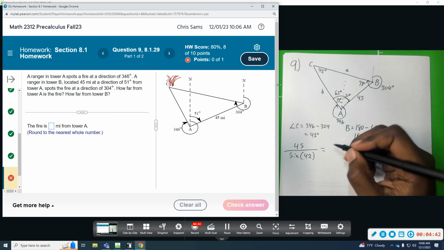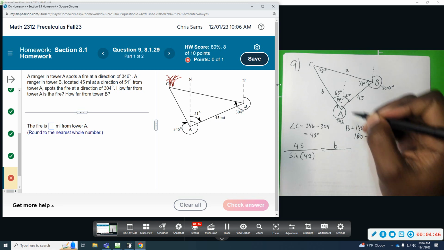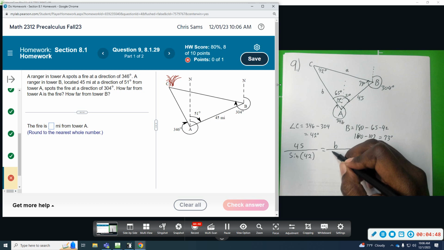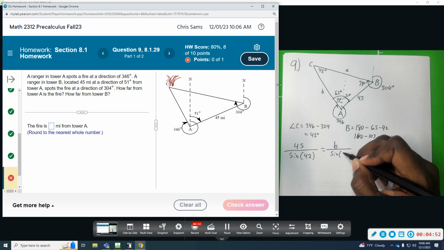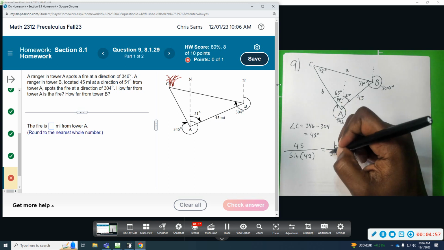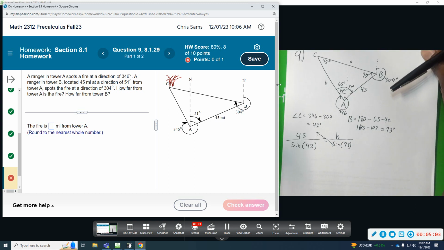Let's do side B first, over sine of angle B. And then we'll cross multiply that. That will give us the distance the fire is from Tower A.